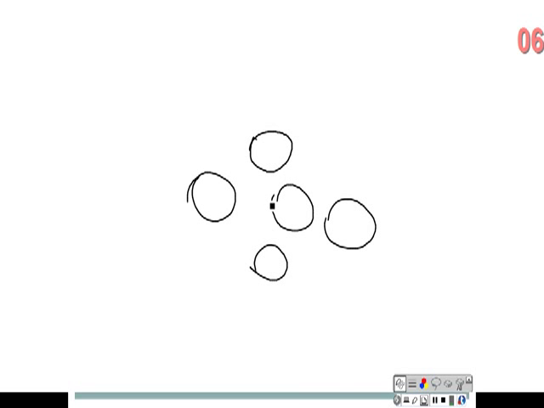Let's say that you have clusters of food types. Maybe each one of those clusters represents some kind of food. In this one I have, let's say, 4 items. This one I have 5 items. This one maybe I have 10.